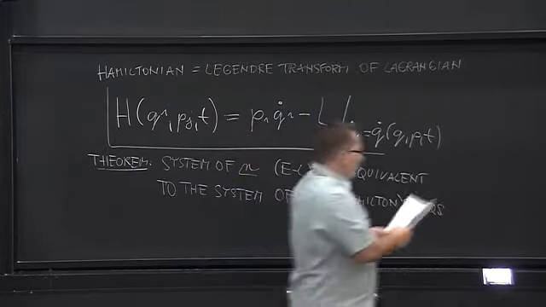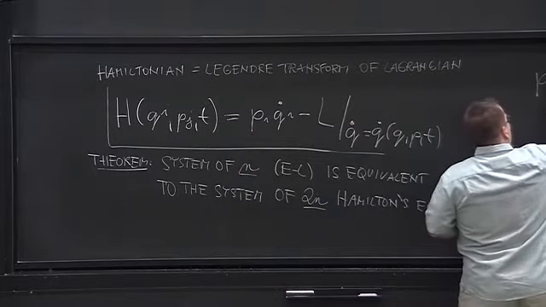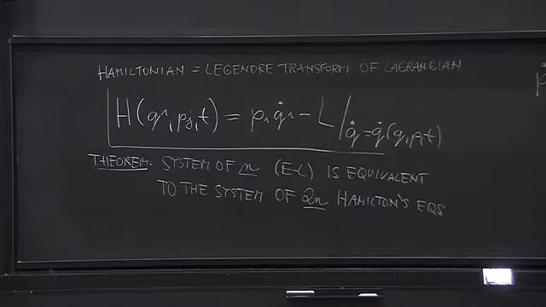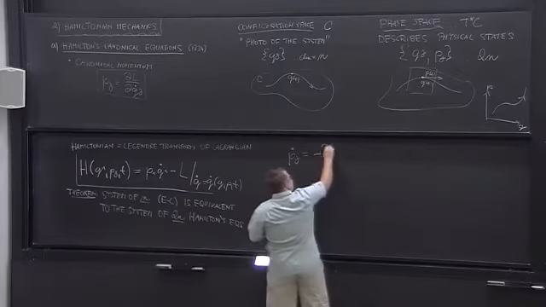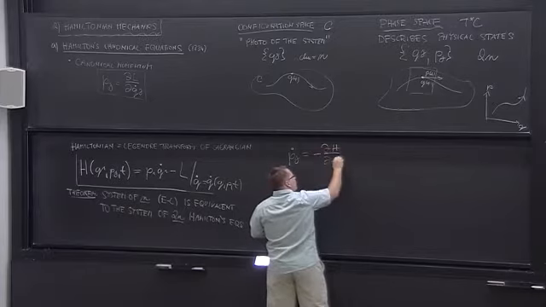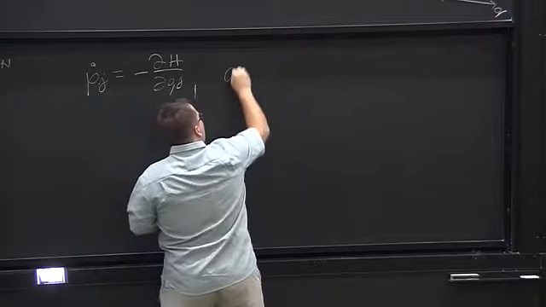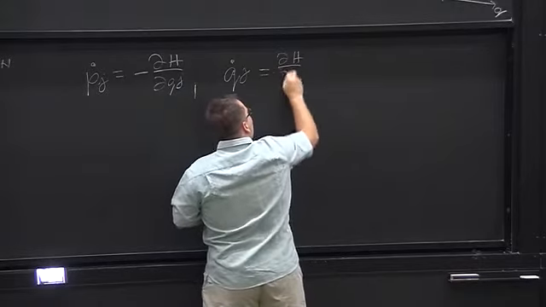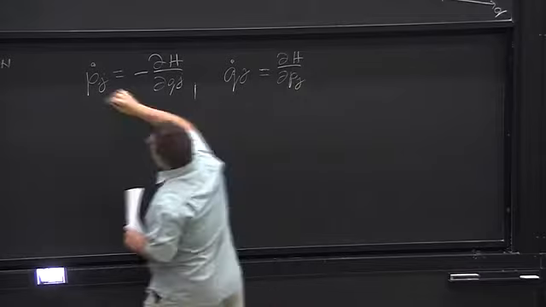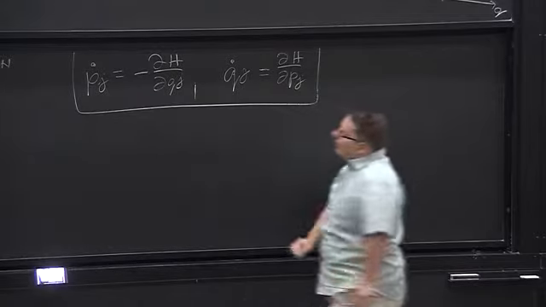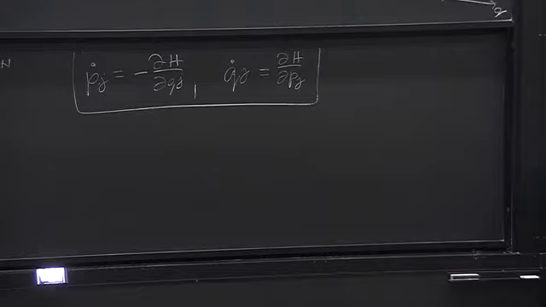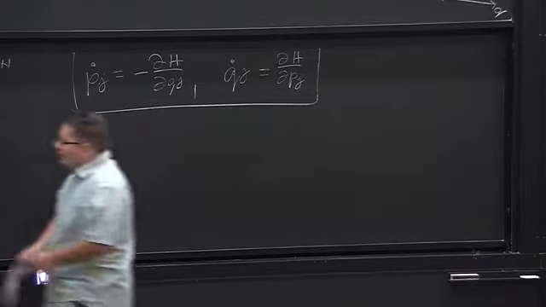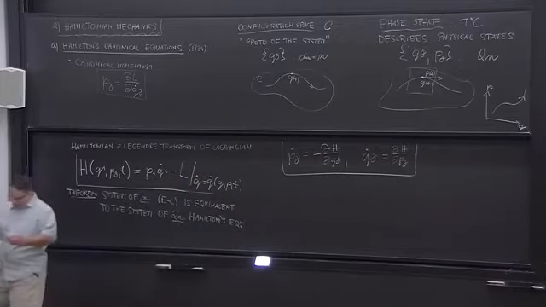These are P_j dot, and there's one minus sign, and I never know which one it is, but you should know: P_j dot is minus dH over dQ_j, and Q_j dot is dH over dP_j. These are Hamilton's equations, and the statement is that they are completely equivalent to the Lagrangian formulation, in case you can actually do this Legendre transformation.